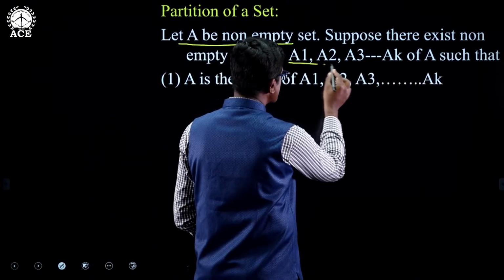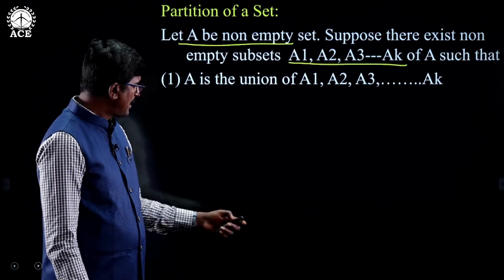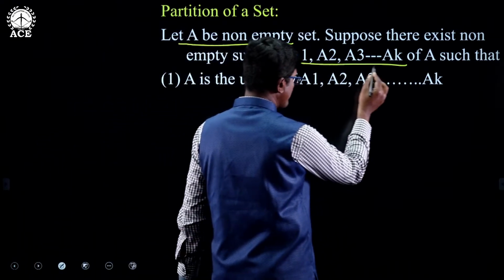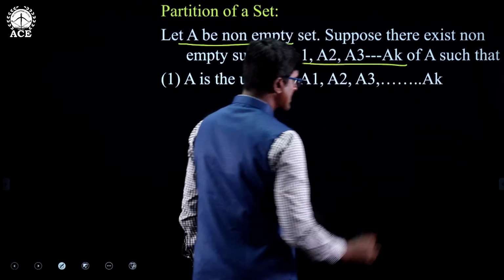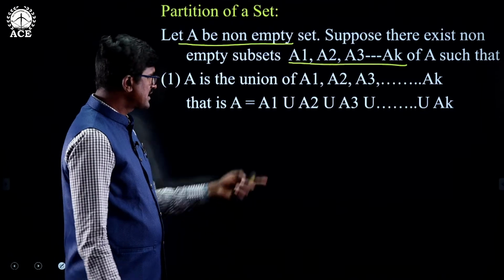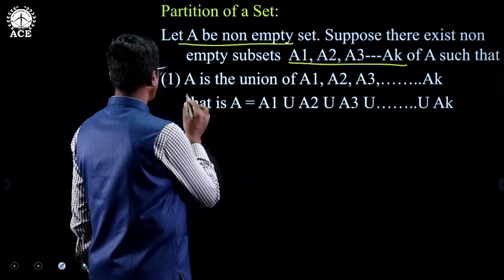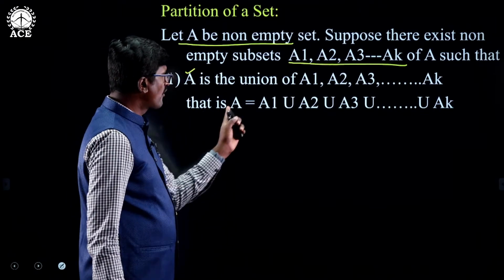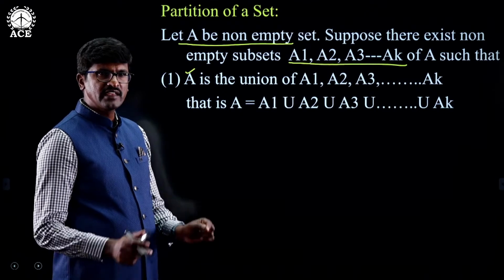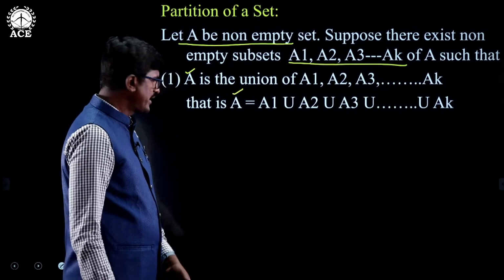These are all the non-empty subsets of A. I have taken some non-empty set A, then I am going to take all the non-empty subsets of A. If these subsets satisfy two conditions, then we say that these are the partitions of set A. The two conditions: condition number 1, A must be the union of all the subsets. Whatever subsets we are taking, if you take the union of them, you have to get the given set. That is condition number 1.